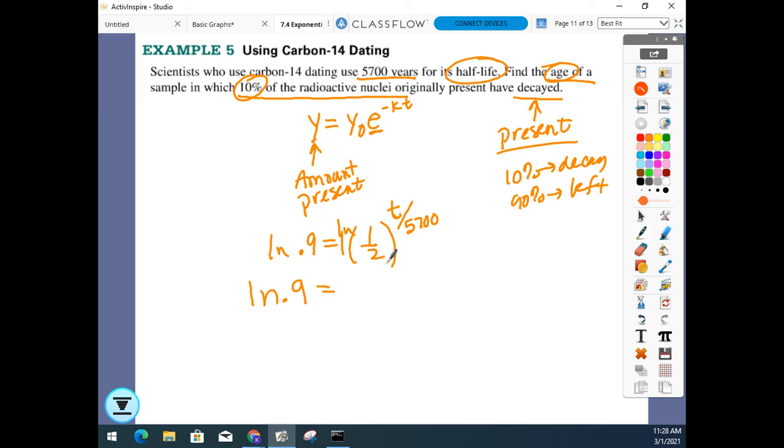Now, the whole point of taking the log on the right side is so I can move the exponent in front of the log. So it looks like this.